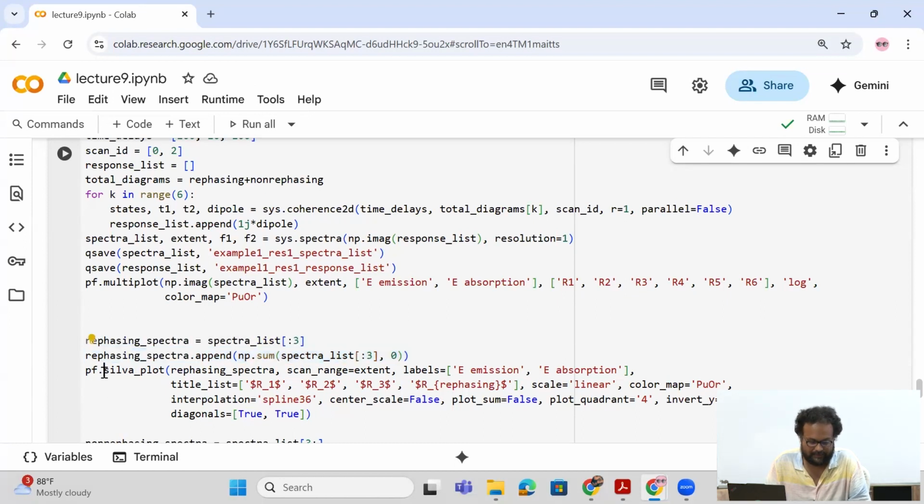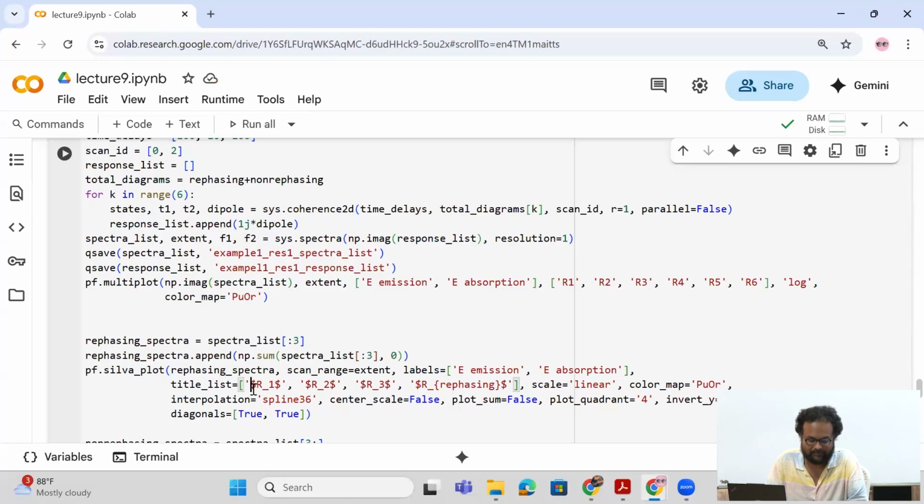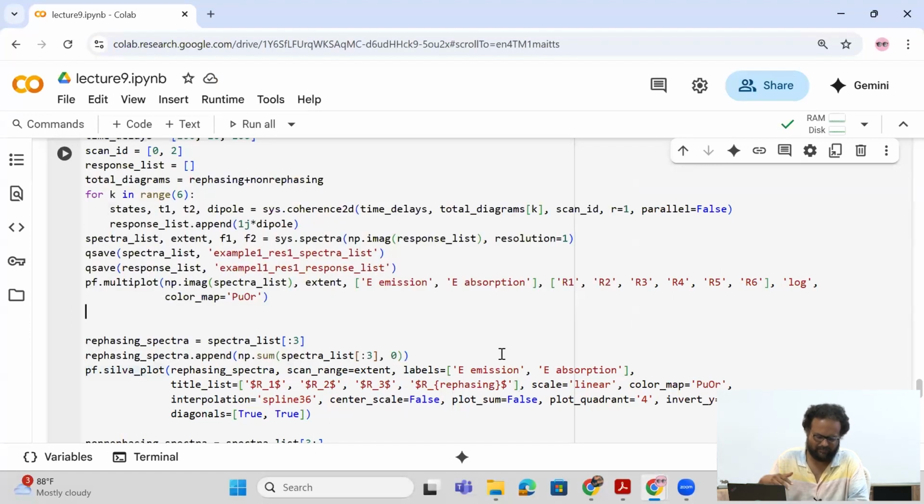And there is this amazing thing called the Silva plot. It's a function which enables you to plot this in a very nice way, slightly different from this multi-plot. Remember that you are in the rotating wave approximation, which means that when you do the Fourier transform, it will all be around 0. You need to appropriately translate it to the right frequencies depending on the energy distribution. It plots you in the right quadrant.